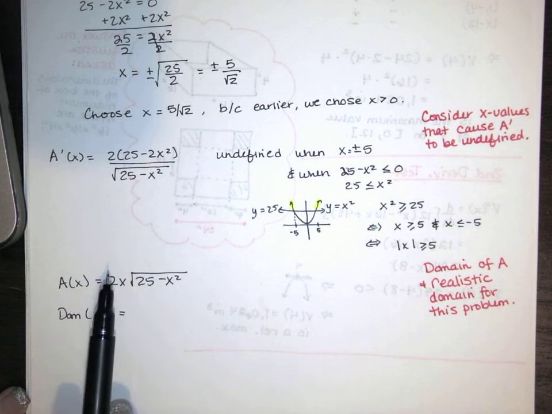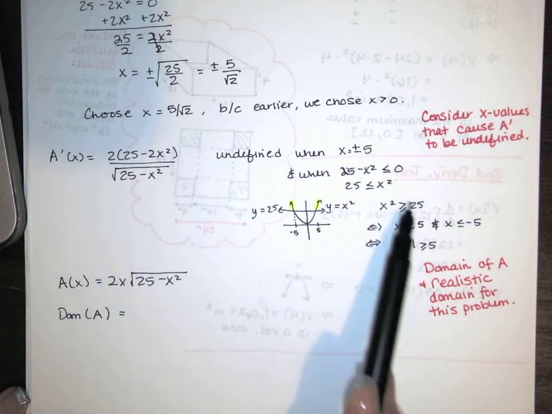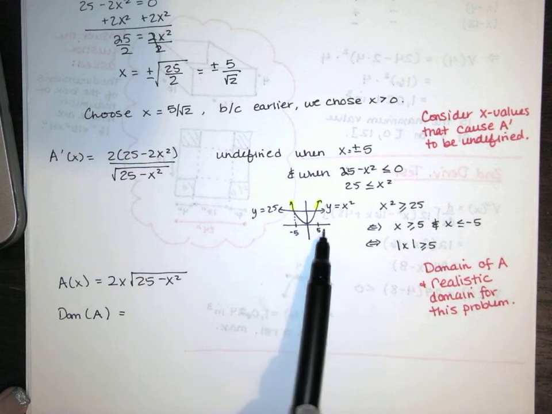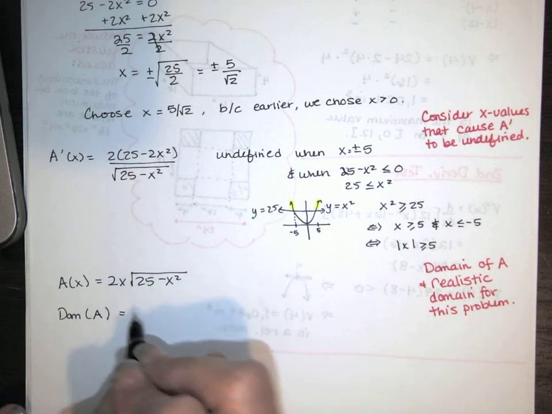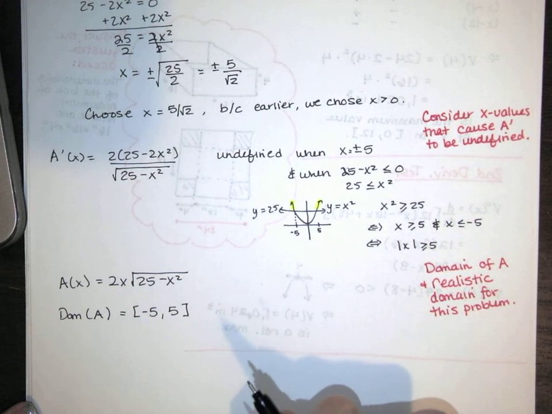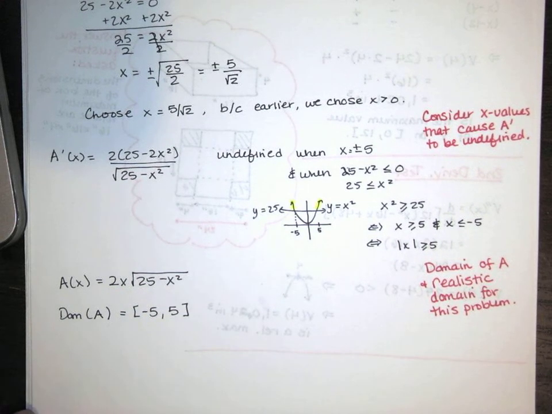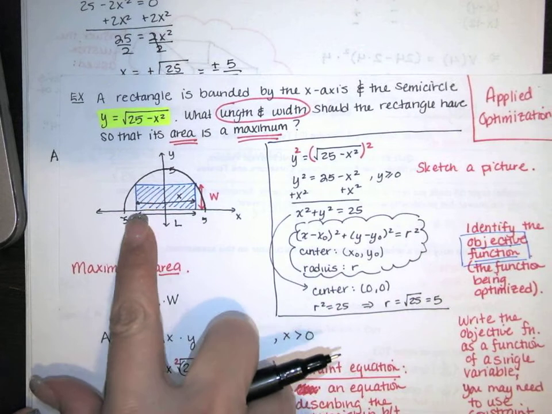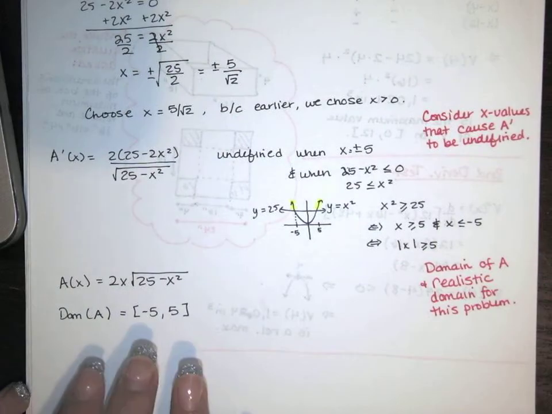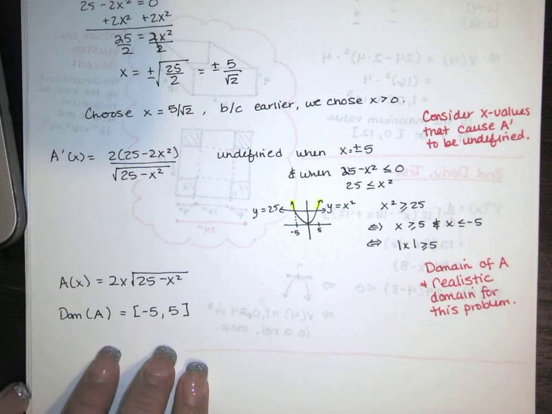So I guess what I'm saying is this is when it's undefined. It's going to be well defined between negative 5 and 5. So the domain of this is negative 5 to 5. It's the same as the domain of that positive square root of 25 minus x squared. It's the domain of the equation of the semicircle. Okay, but this is not the domain for our problem.